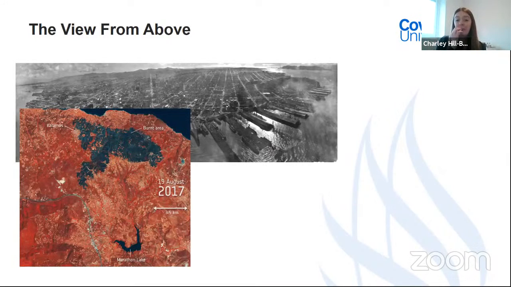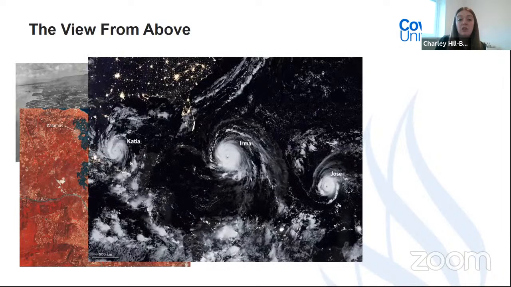So our first example was just a picture that we can interpret, whereas this example here allows us to see areas that have been burnt and been affected by wildfires in a region during a summer wildfire event. We can even use information such as radar information to collect information on weather patterns and the progression of weather patterns.